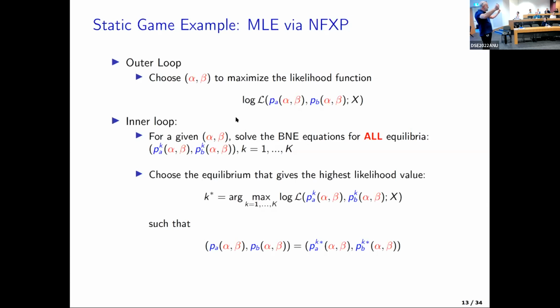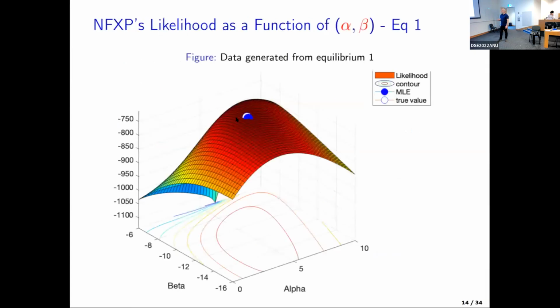Yeah, I can't rule that out. That would result in some sort of identification problem here. You don't know if it's the parameters or the equilibrium selection. I think in this case, it's not going to be the case, but you know, in dynamic games, there's going to be huge multiplicity of equilibria. Anyway, I want to illustrate that this is a nice and easy case. We're able to estimate alpha and beta just by maximizing that likelihood.